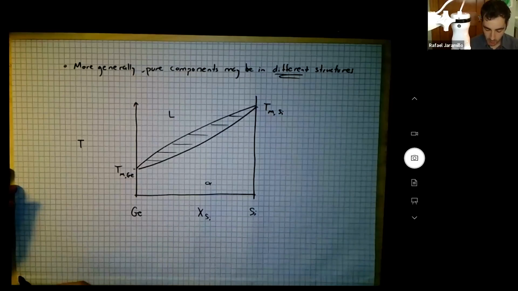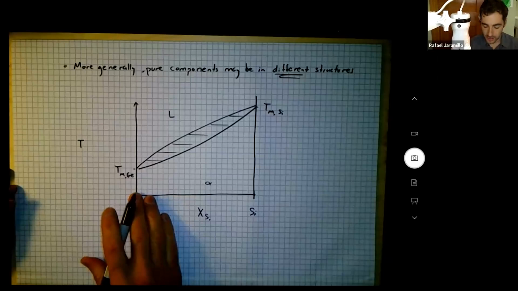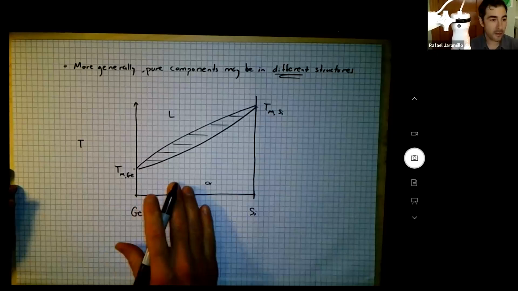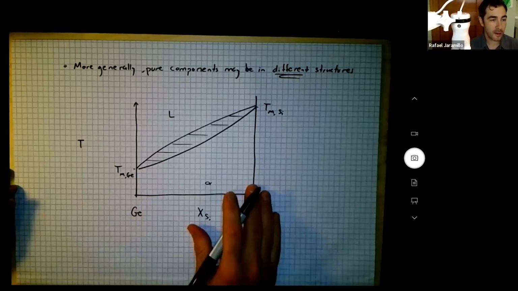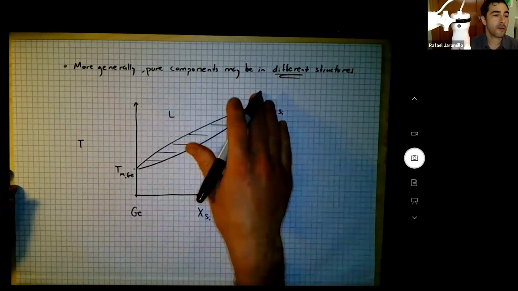So if you're below the melting point of germanium, you only need one solution model to analyze this whole phase diagram. That is the solution model for diamond structured silicon germanium. And if you're above the melting point of silicon, you also only need one solution model to analyze the whole system. That is the liquid phase solution model.